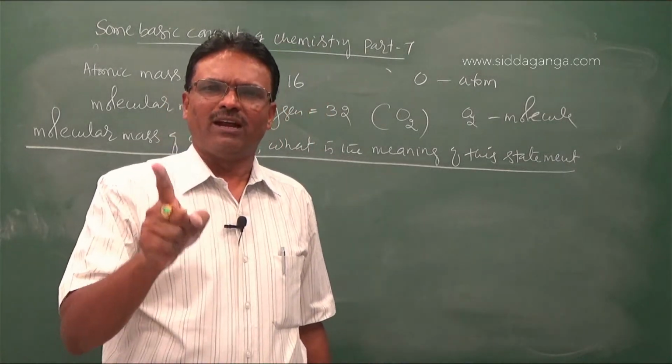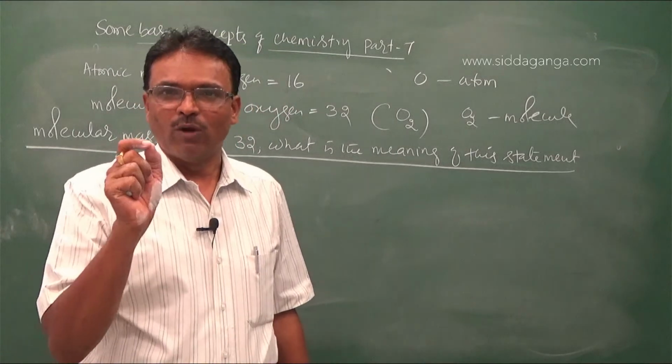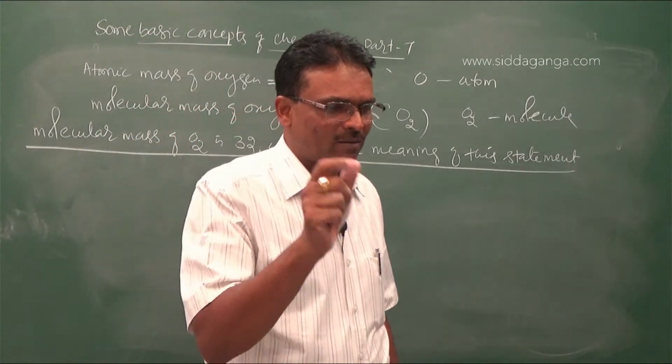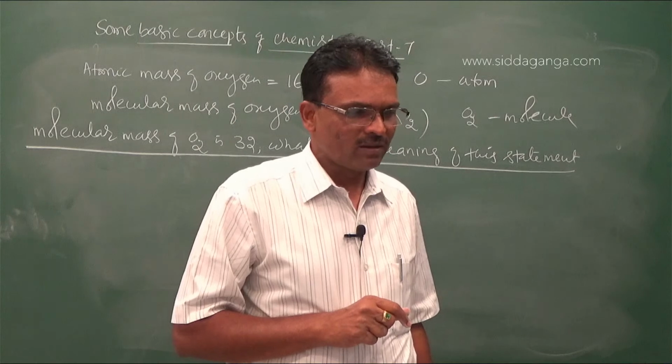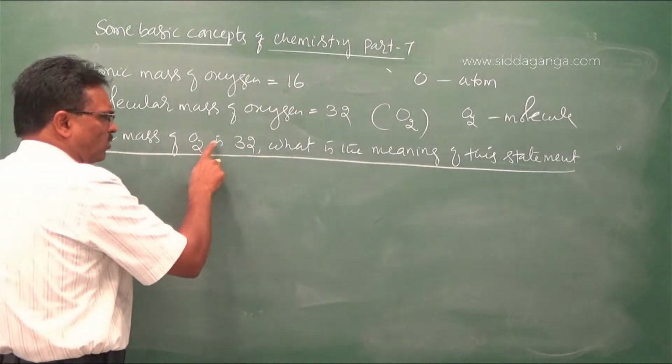Average mass of one atom of nitrogen is 14 times greater than 1/12 of the mass of one atom of carbon 12 isotope. Clear? So therefore, molecular mass of O2 is 32.